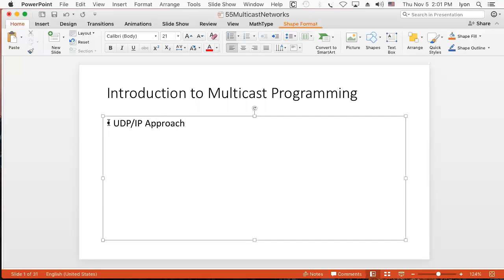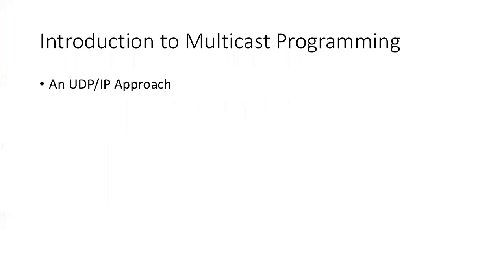So we're going to use IP, the Internet Protocol, but we're not going to do TCP IP. We're going to do UDP IP. We had a brief discussion about that last time, but we haven't really gotten into any of the nitty-gritty details of why you would do such a thing and how such a thing might work.